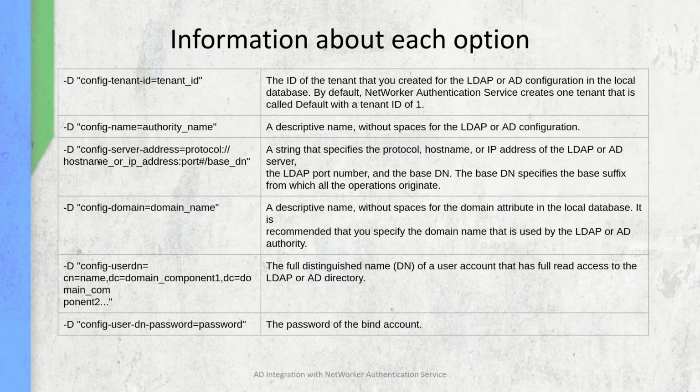Next is the config server address, which is nothing but the IP or the host name, which can be resolved into an IP address, of your LDAP or your AD server. Then the LDAP port number and the base DN. The base DN is nothing but the DN of your domain.